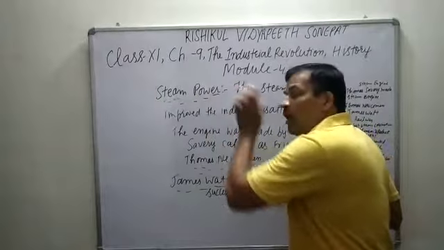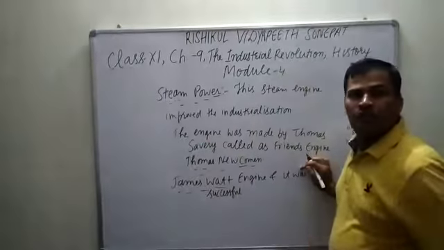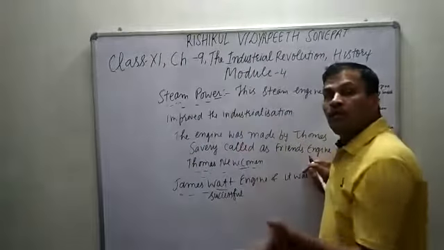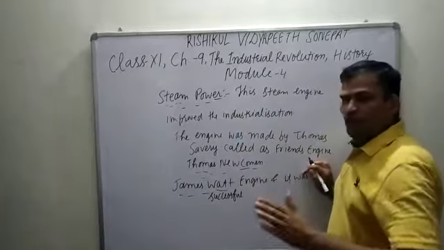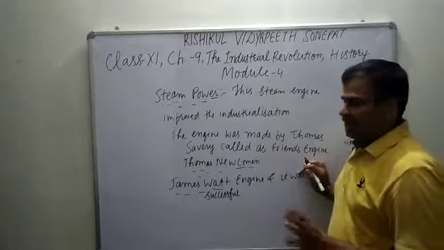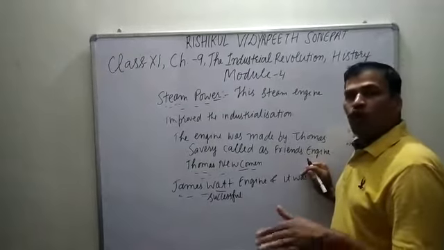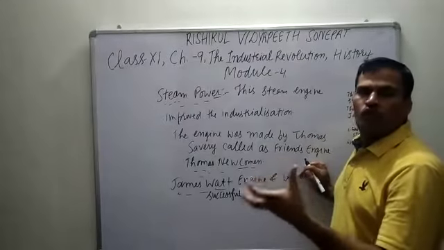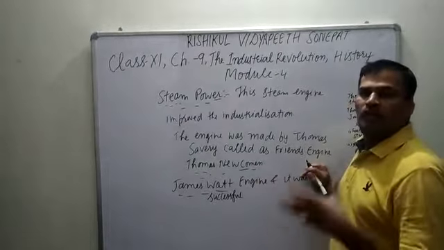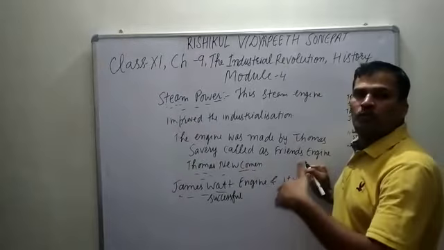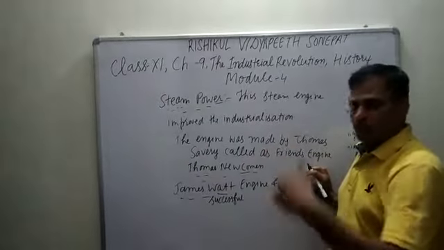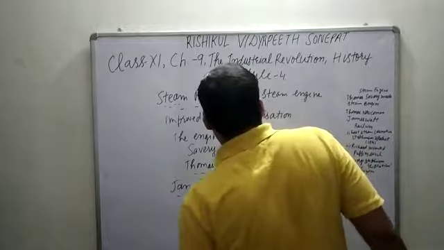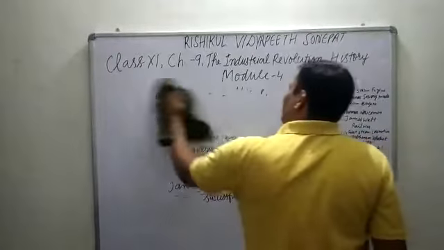When these engines came, then the railways would run, because transportation was available, but it was very difficult, costly, and heavy, bulky goods could not be taken by these routes. Okay. Now next we will be discussing the railways and canals.